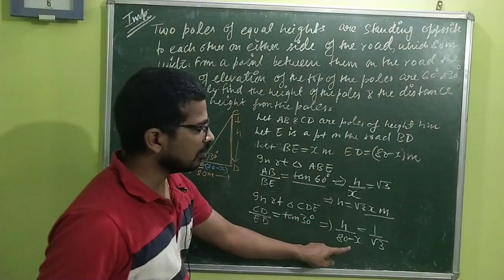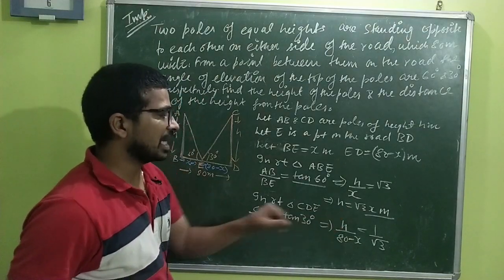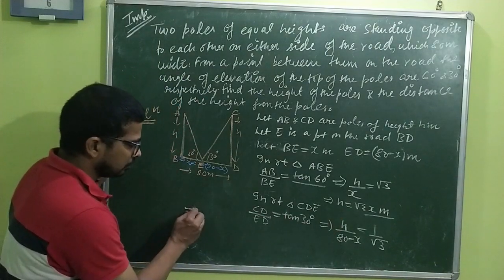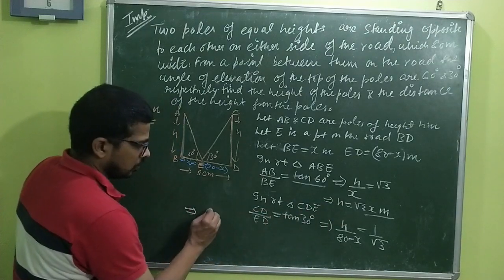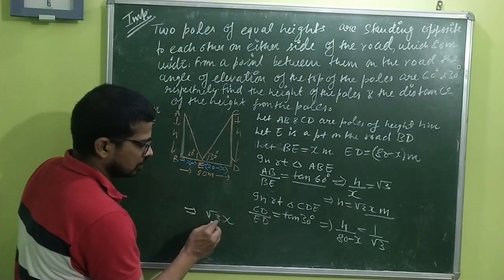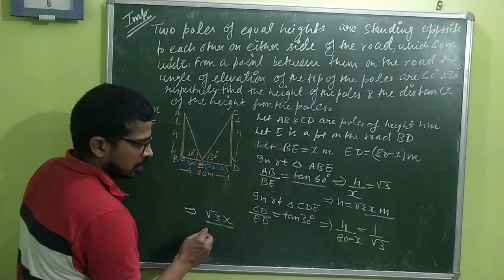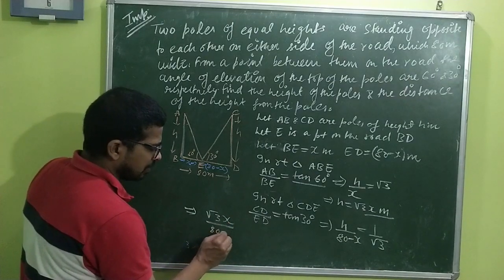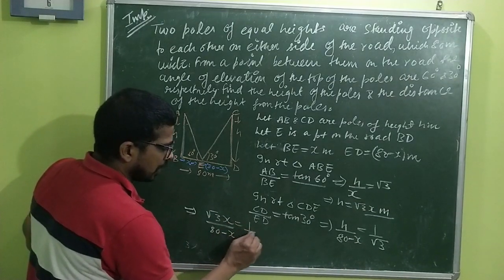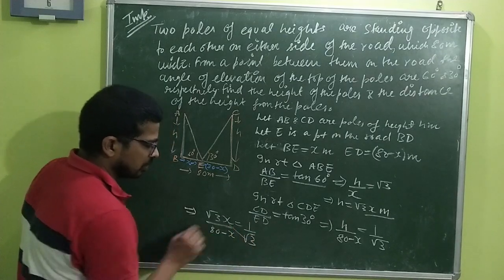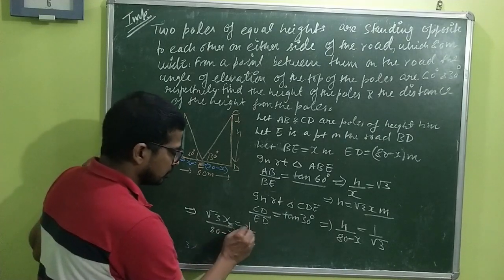Now I have to find the value of X, so I can substitute this H. So H is root 3X over 80 minus X, is equal to 1 upon root 3. We cross multiply.